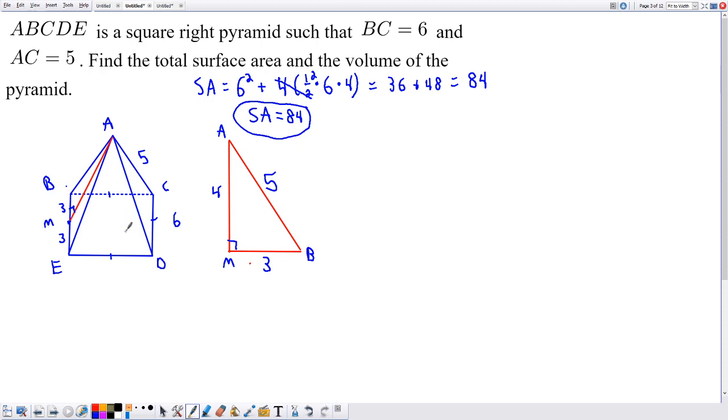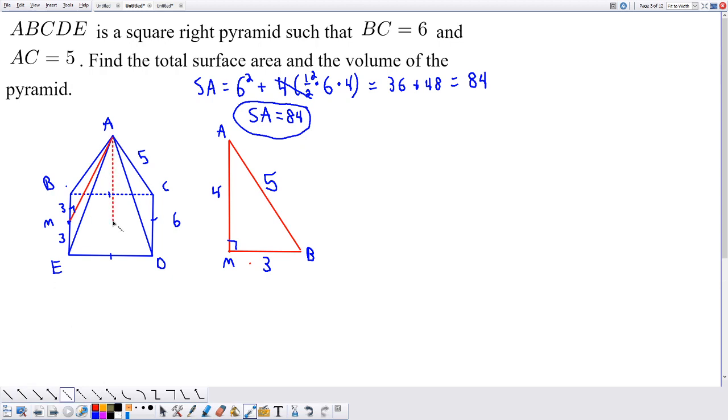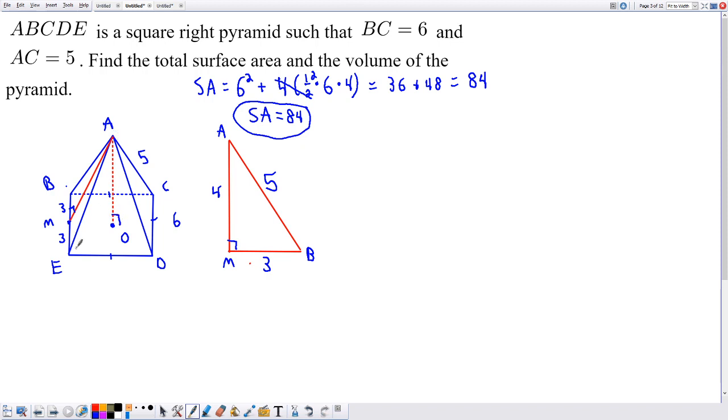So the height would be by taking the location from the apex straight down into the center, which I will draw in red. Straight down to the center of the base. And I'll label this, we usually label the centers O, so why not? So straight down the center, and since it's a right pyramid, it's going to make a right angle.